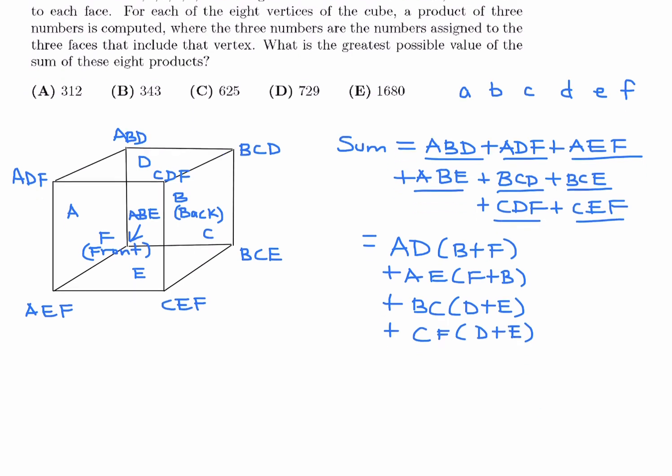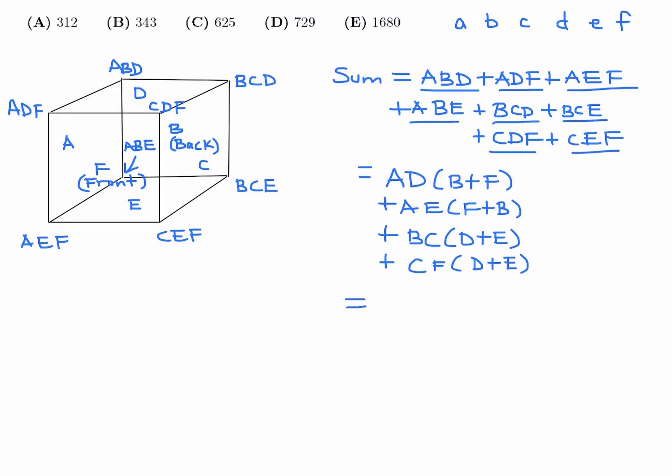All right, I think we're making some progress. I sincerely hope so. B plus F can be further factored because it's common to this and this. And that gives me AD plus AE. And then D plus E is common to the other two.